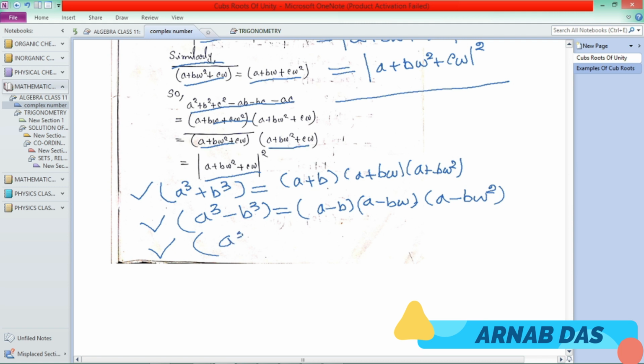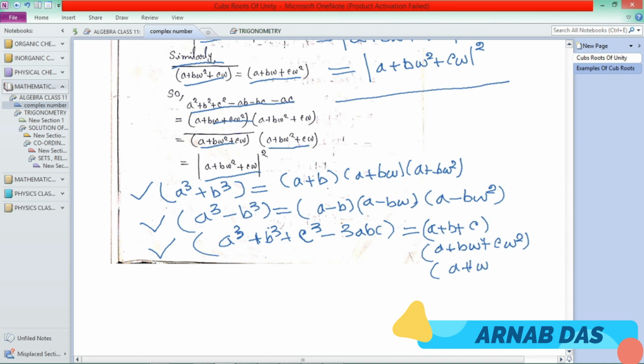And now guys, a cube plus b cube plus c cube minus 3abc equals a plus b plus c into a plus b omega plus c omega square into a plus b omega square plus c omega.